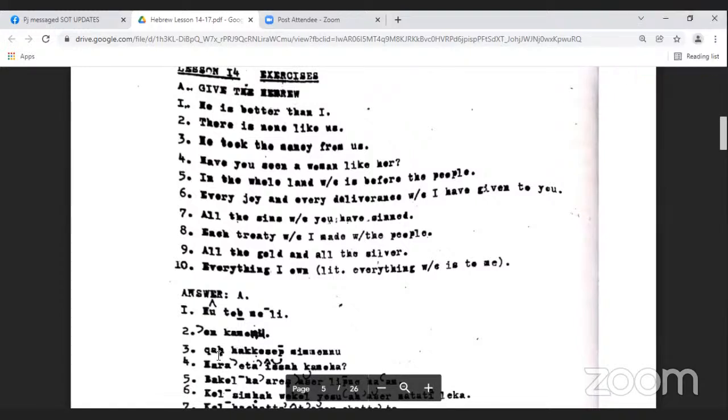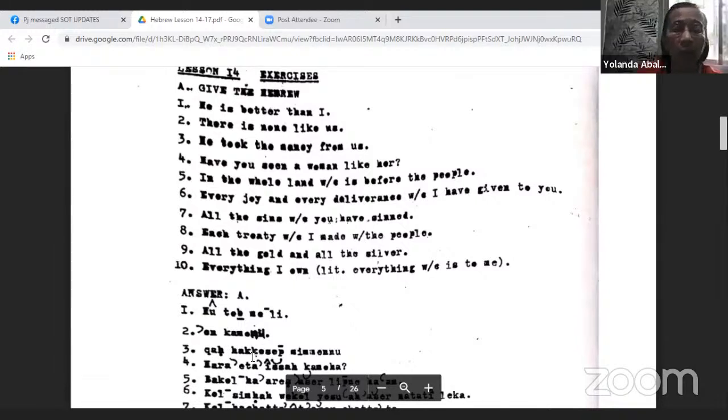Yan. Kak. That means he took, hakisep, the money. Tandaan nyo na ang silver at ang money ay pareho. Yan. Mimino from us. Yung ngayon walang pinag-aralan, mimino. Yeah, mimeno, from us.